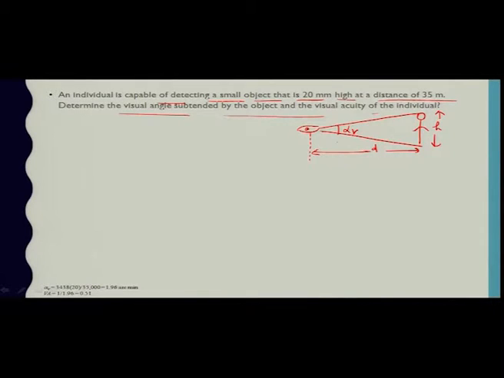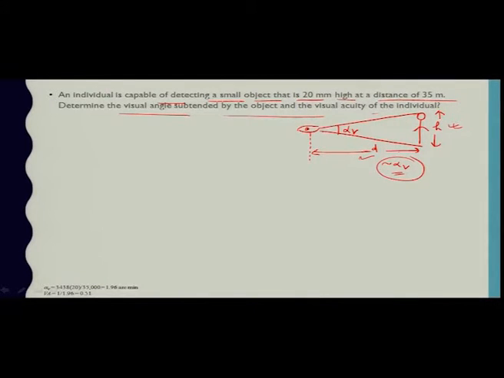So for small angles alpha, if alpha v is very small, it is determined as the height of the detail divided by its distance from the eye, usually expressed in radians of arc.